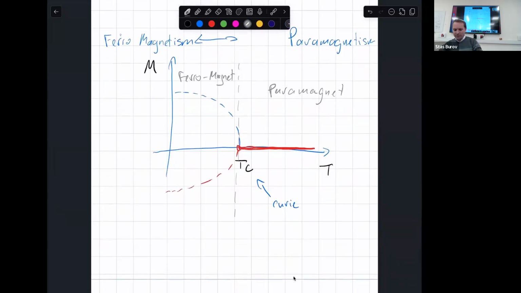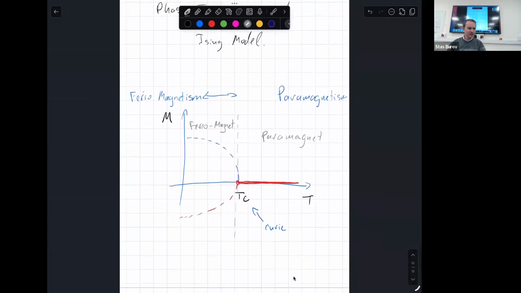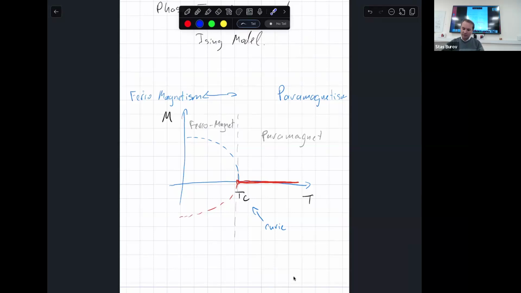Now, moreover, an additional experiment that we can look at is this. This is a static experiment, right? So I focus on a specific temperature, I keep my material at this temperature for a while, I measure the magnetic moment, and it gives me nothing, nothing, nothing.